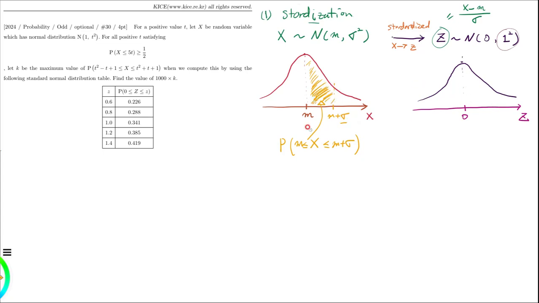It's a 1 sigma distance, which corresponds to the area from 0 to 1 here. It corresponds to the probability of the standardized random variable having a value between 0 and 1. They are the same as the value or as the area.